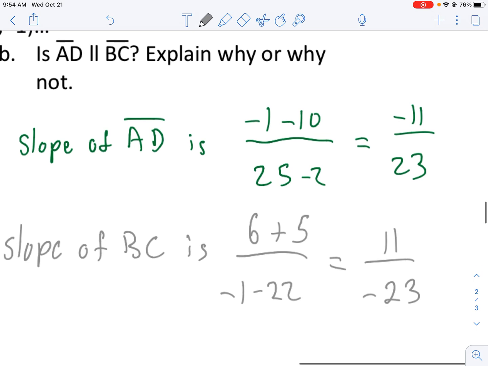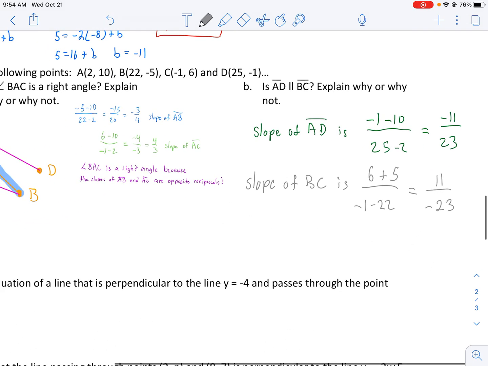Remember, if there's a negative on top or bottom, the whole thing is negative. So these are in fact the same slope. So yes, AD is parallel to BC because they have the same slope.